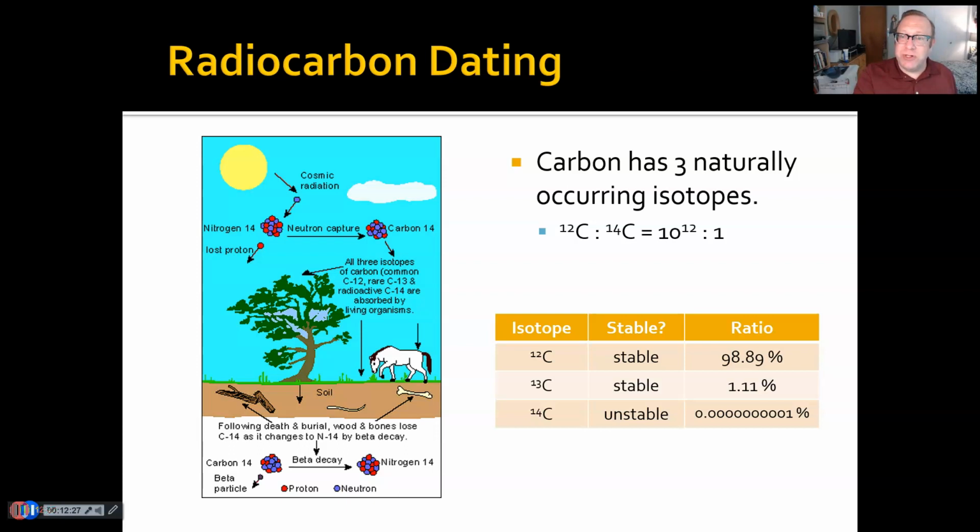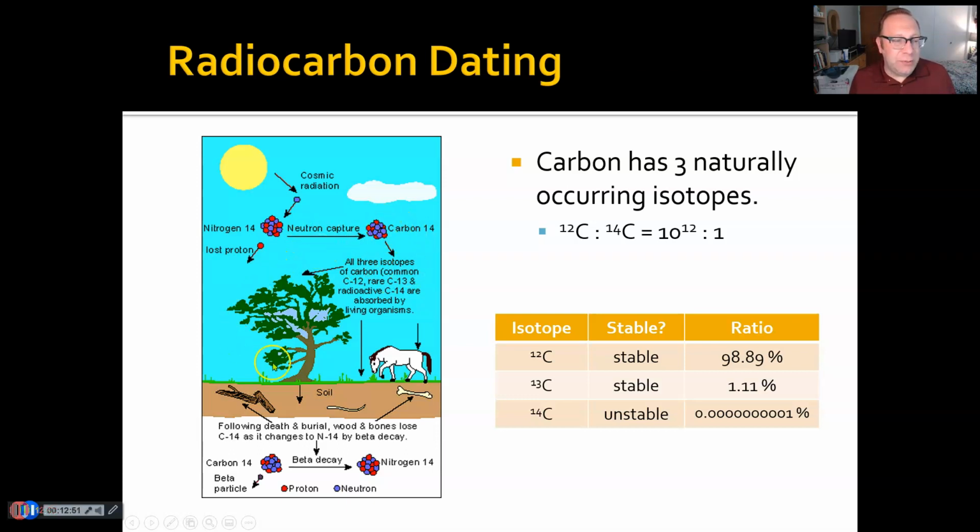Now, we know this proportion has to be the same in the atmosphere, but how do we know if it's the same in a normal sample, in a biological sample? Well, we know that C14 is formed as cosmic radiation hits nitrogen-14 in the atmosphere, and through neutron capture, it forms carbon-14. Okay?